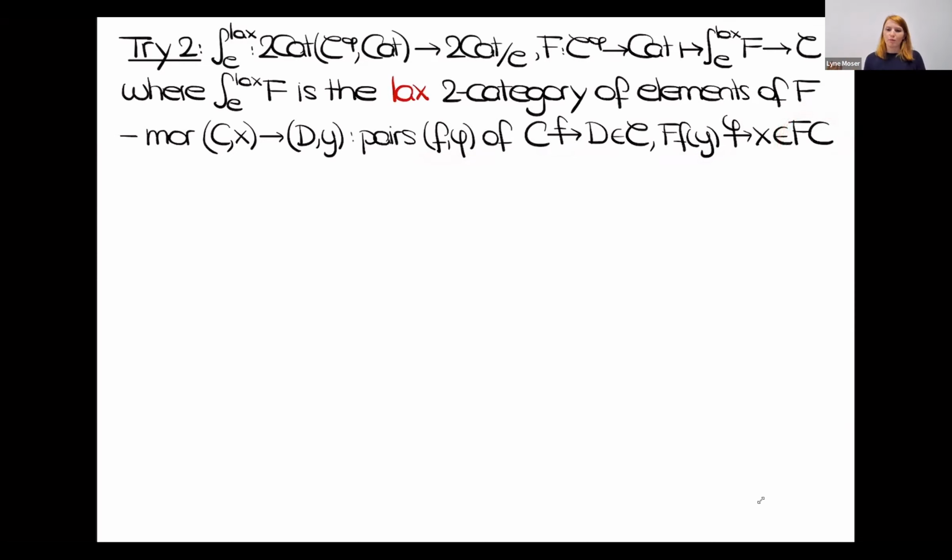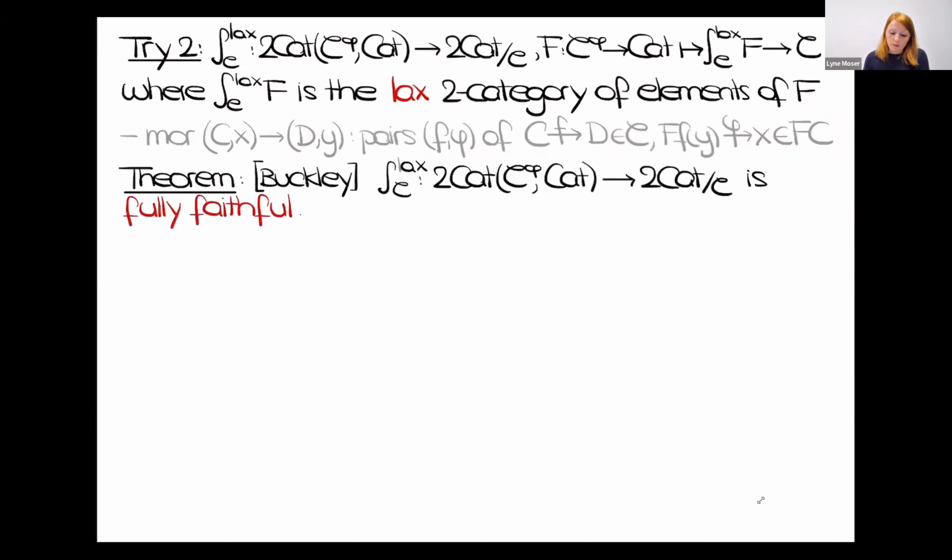And it seems like we have retrieved the full data of the presheaf now, and this is indeed the case, and Berkeley showed that this lax Grothendieck construction is fully faithful.